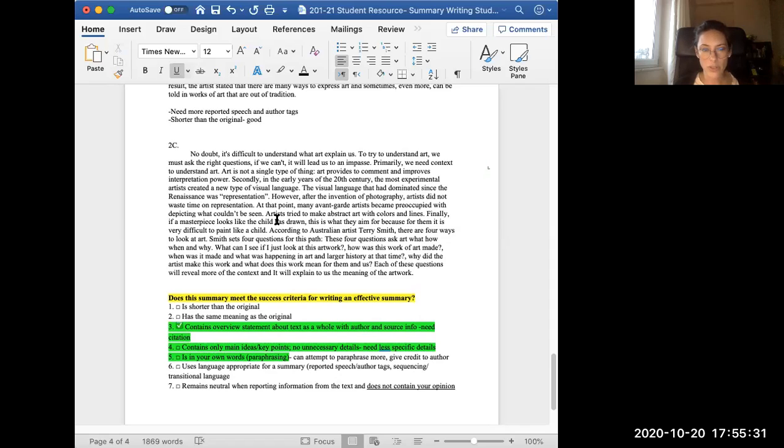And then yes, of course, the overview statement needs the author and source information, citation. And again, here, according to Australian artist Terry Smith, so if you're going to mention another person in the article, for example, one of the articles in chapter 2 is about a report that's put out by a medical school.